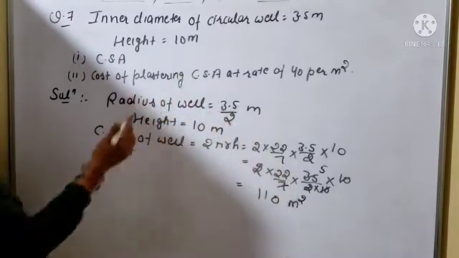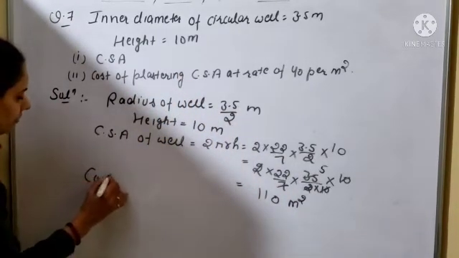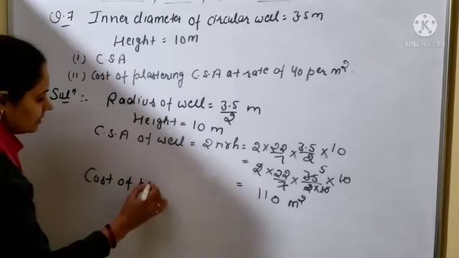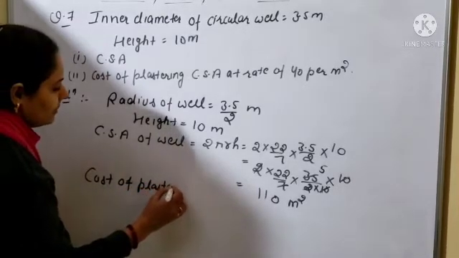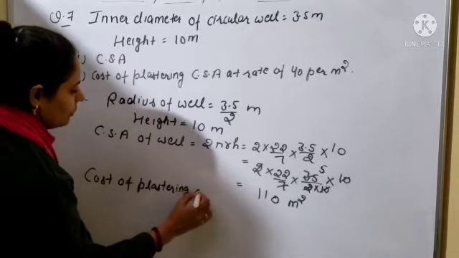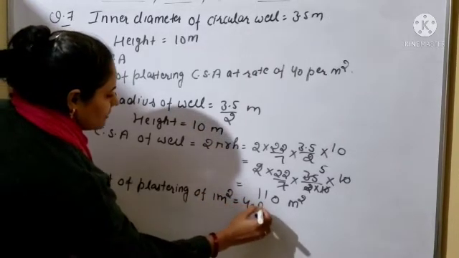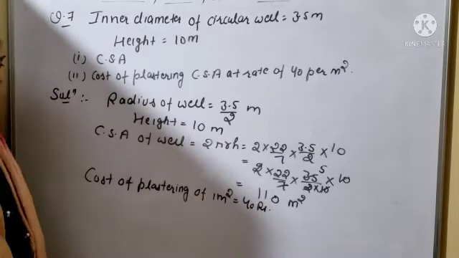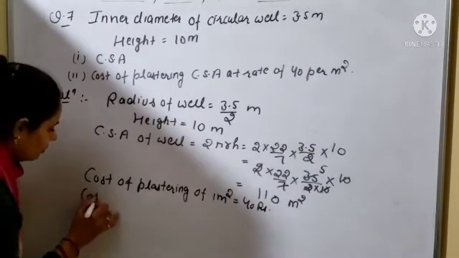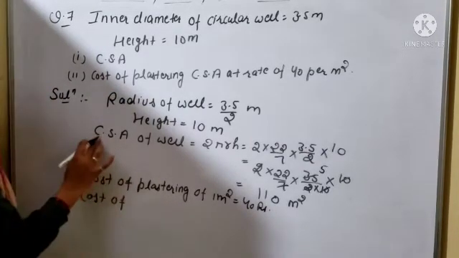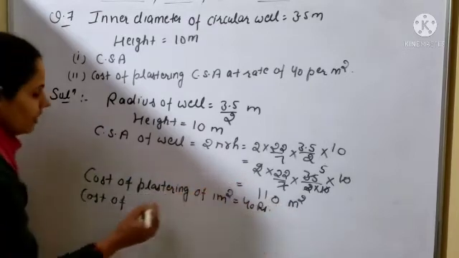Clear? Now, cost of plastering of 1 meter square is equal to 40 rupees. What is the cost of 1 meter square, son? 40 rupees. And you have to find out the cost of plastering of curved surface area, and curved surface area is 110 meter square.